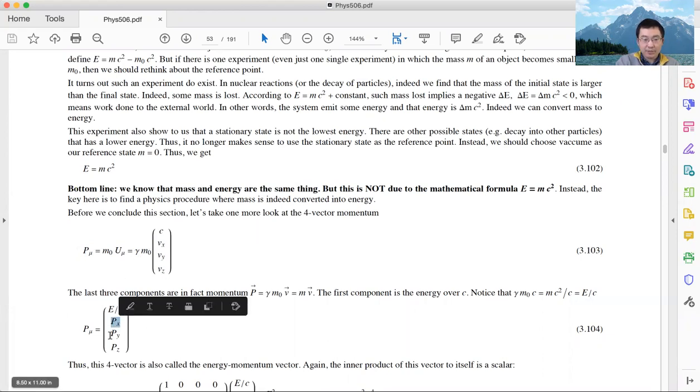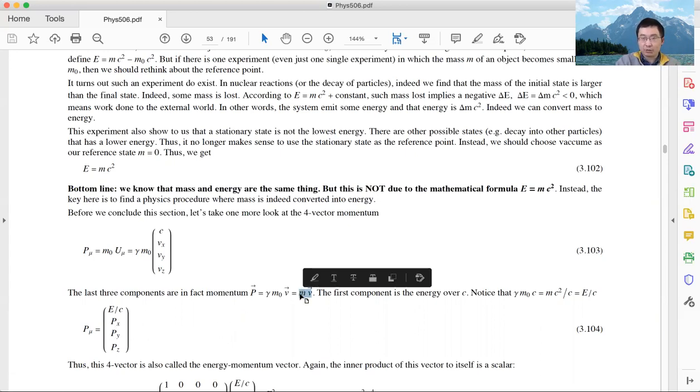Mass times Vy is my momentum y. Mass times Vz is my momentum z. So in other words, in this 4D momentum, the last three components are the momentum from Newton's law, the same thing, px, py, pz, except that I need to use the relativistic mass, which depends on velocity.